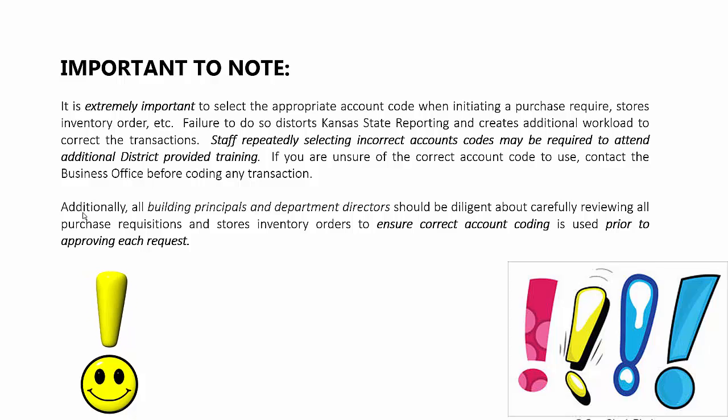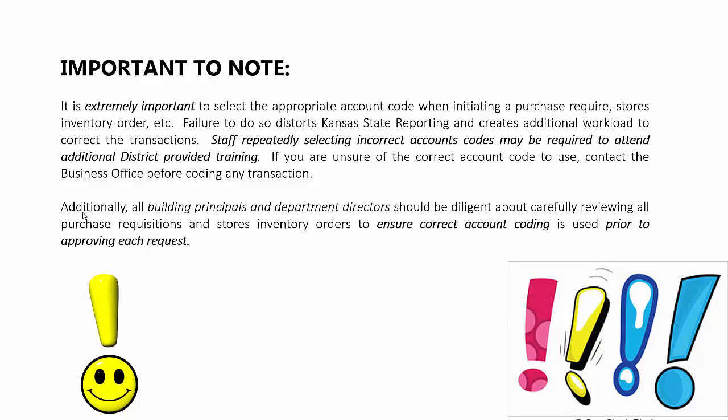Important to note, it's extremely important to select the appropriate account codes when initiating a purchase request, store inventory order, etc. Failure to do so distorts the Kansas state reporting and creates additional workflow to correct the transactions. Staff repeatedly selecting incorrect account codes may be required to attend additional district-provided training.